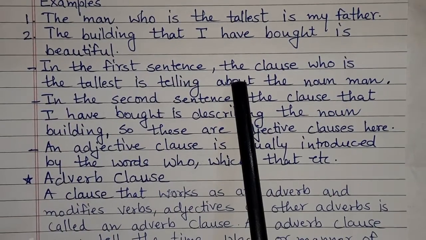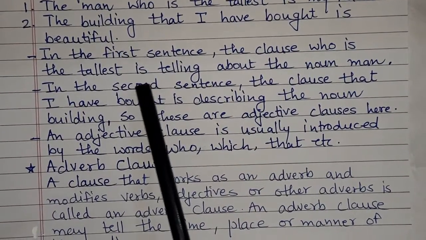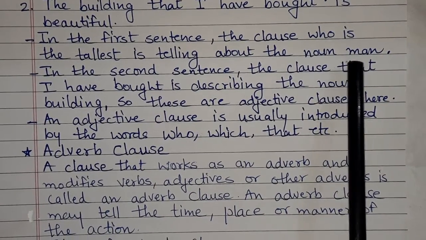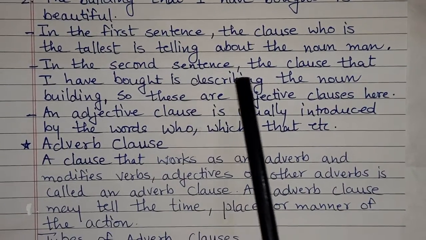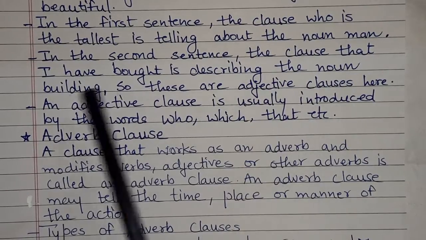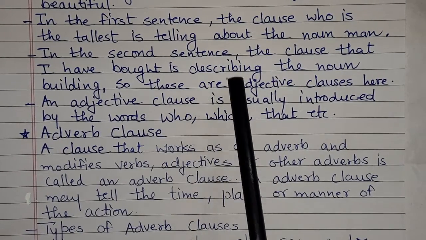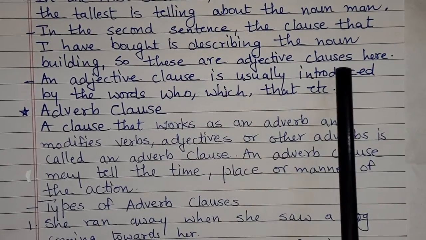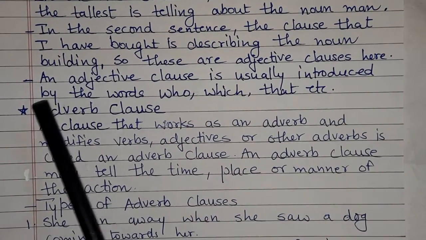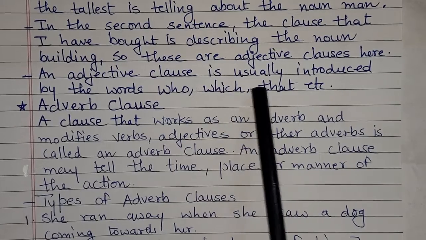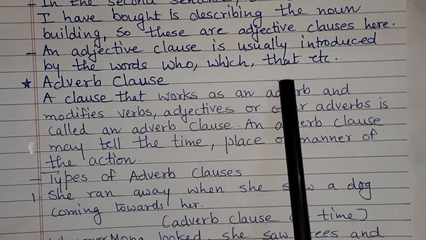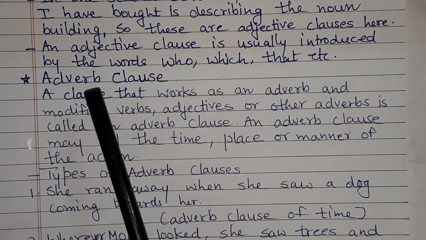In the first sentence, the clause who is the tallest is telling about the noun man. In the second sentence, the clause that I have bought is describing the noun building. So these are adjective clauses here. An adjective clause is usually introduced by the word who, which, that, etc.